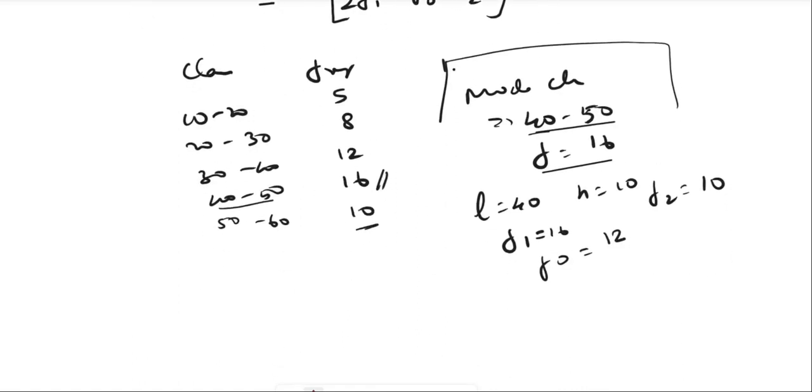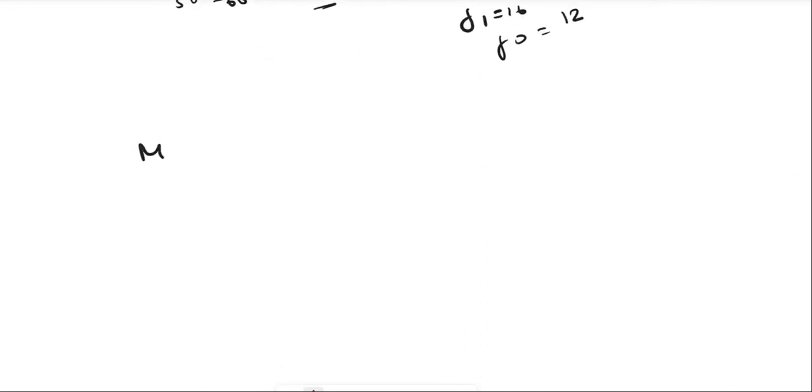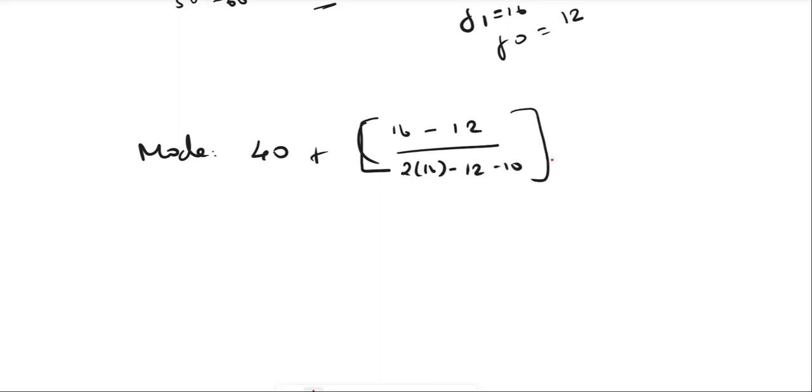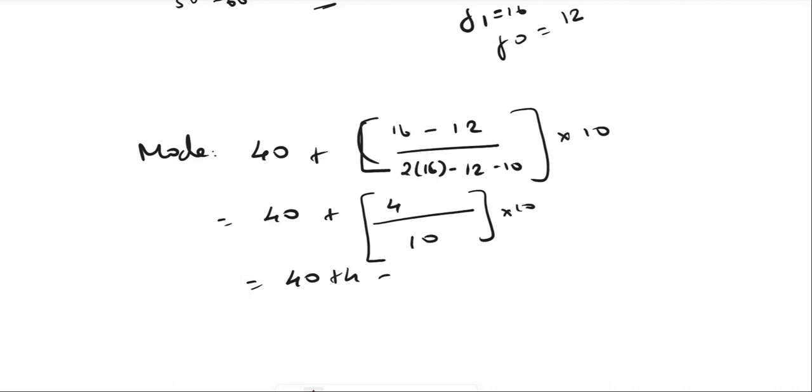To identify the mode, L is equal to 40, and we have F1 minus F0, so 16 minus 12, and in the denominator 2F1, that is 2 into 16, minus 12 minus 10, with the class size H equal to 10. So 40 plus 4 divided by 2 into 16, that is 32, minus 12 minus 10, which gives 10, into 10, which is 40 plus 4, totally 44.